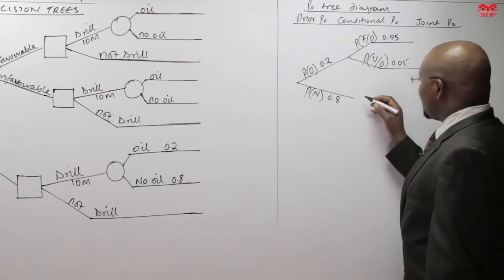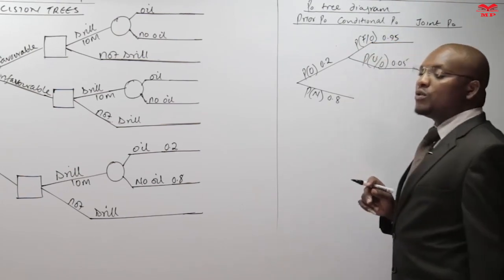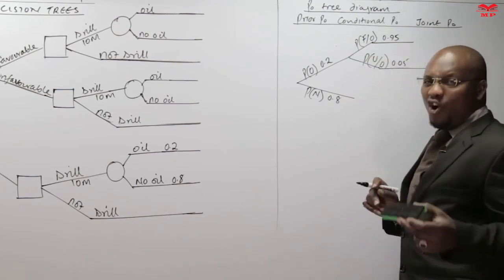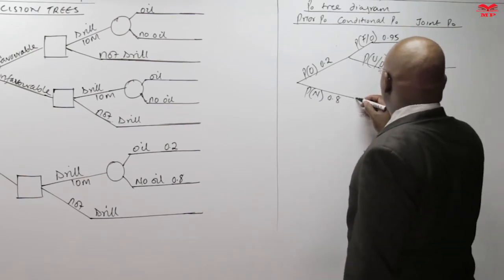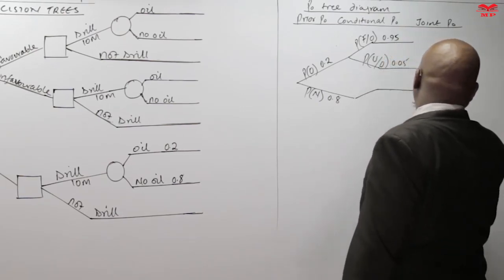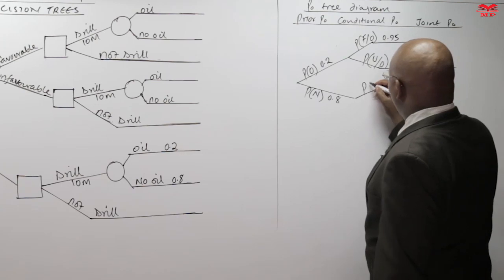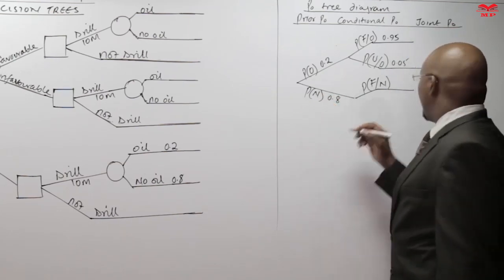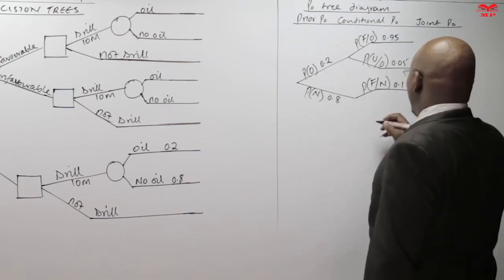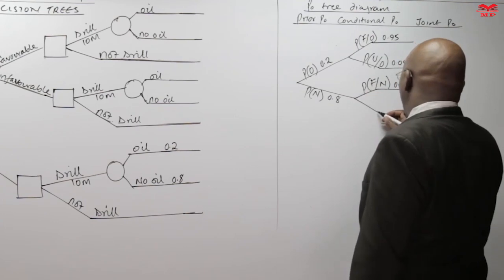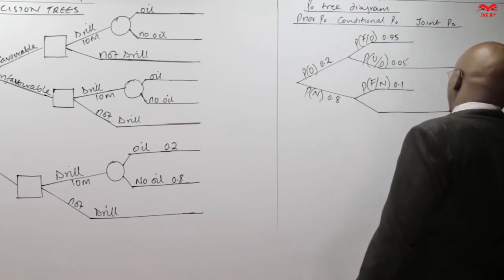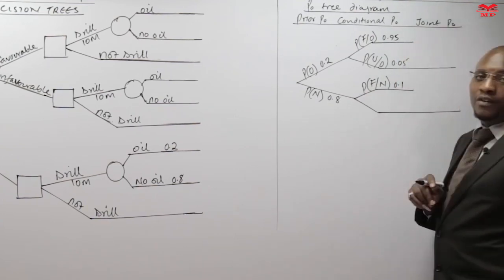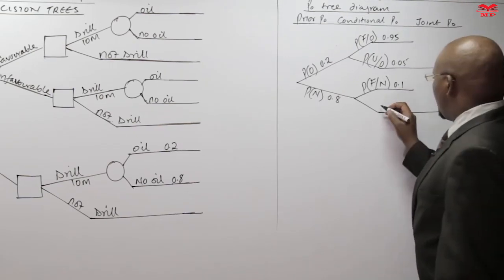And we were also told in the same question that if there is no oil, then there is a 10% chance of the report being favorable. So this is the probability of favorable report given no oil. As you can see, this branch is of no oil. It is 0.1. And therefore, if there is no oil, they can also give us the possibility of finding no oil, which is 0.9.